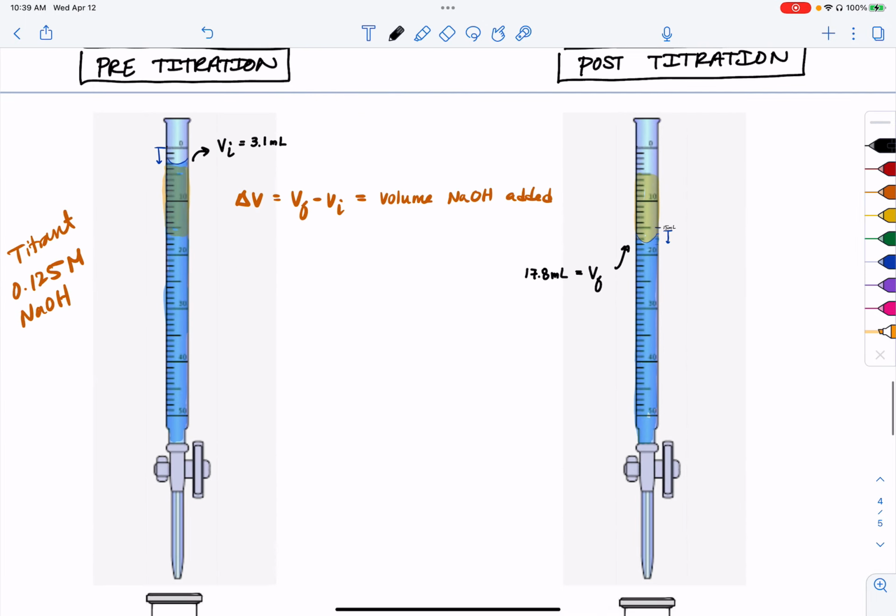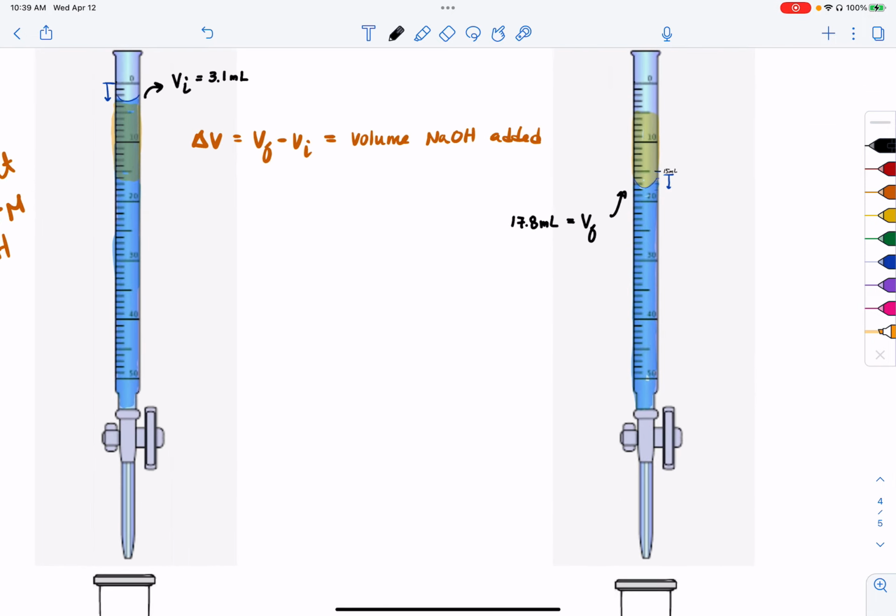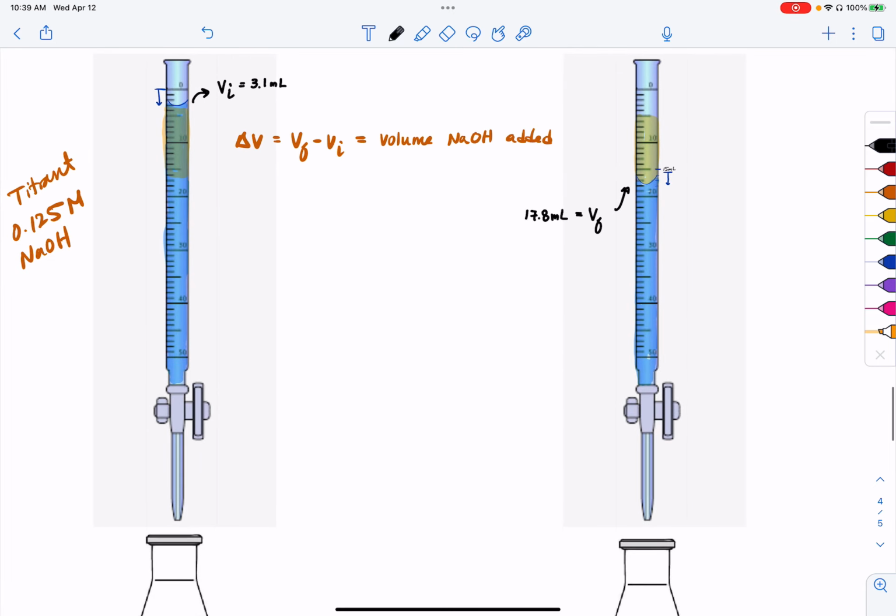And now that I have read my menisci, I can figure out the total volume of NaOH added by taking their difference. So that volume is going to be my 17.8 milliliters, which is my final volume, minus my initial 3.1 milliliters.